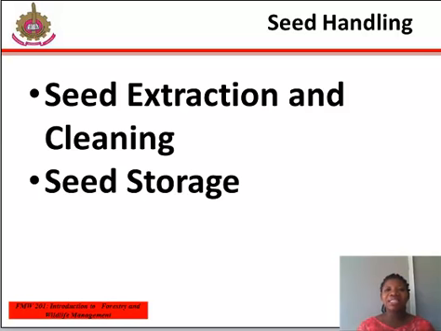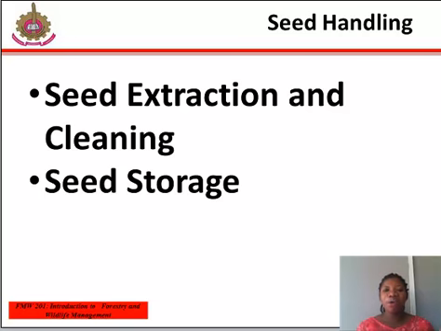Both mechanical, that is machines, and manual methods of seed extraction are available. But here in Nigeria, like in most developing countries, manual methods such as hand splitting or removing, crushing, pounding, beating, soaking, shaking, drying, and fermenting are most common.